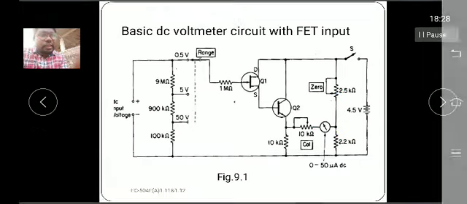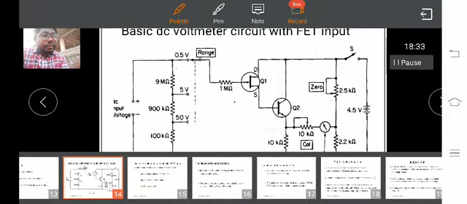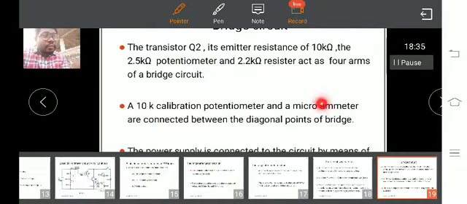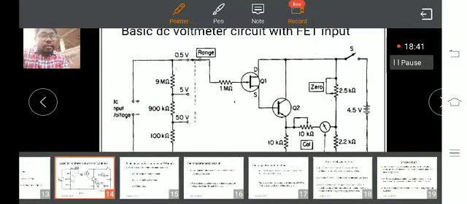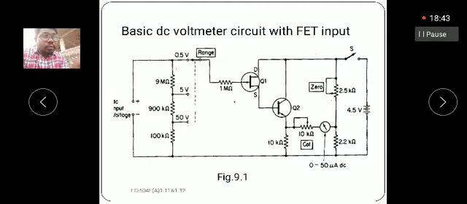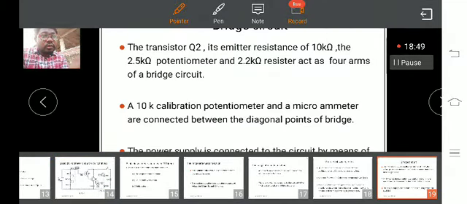With the help of the pointer I am showing the 10 kilo ohms here, and a 2.5 kilo ohms potentiometer for zero adjustment.